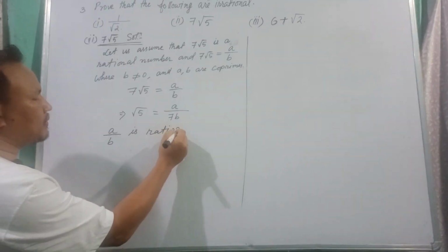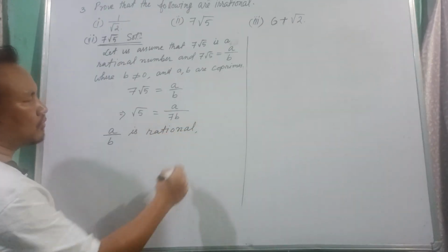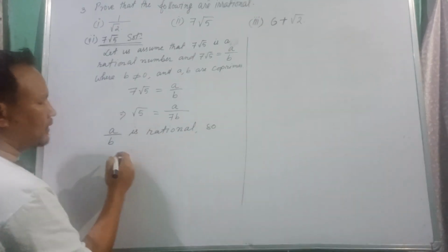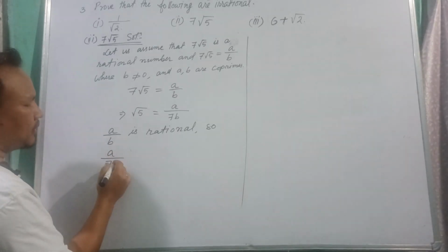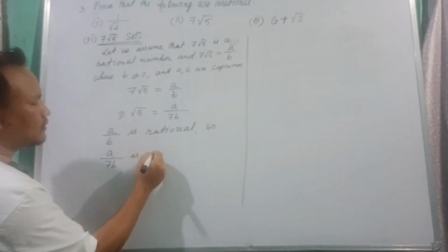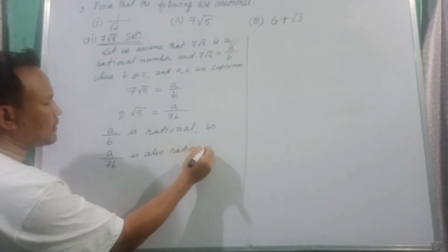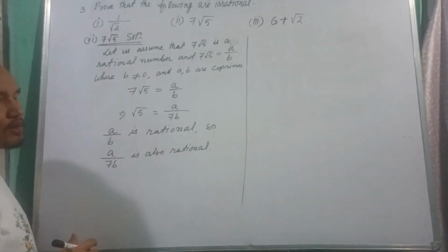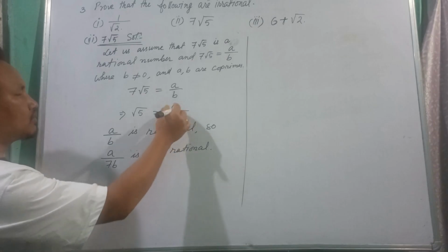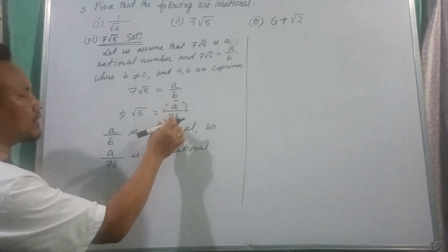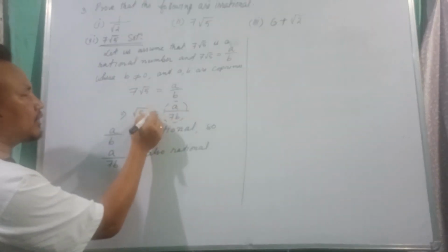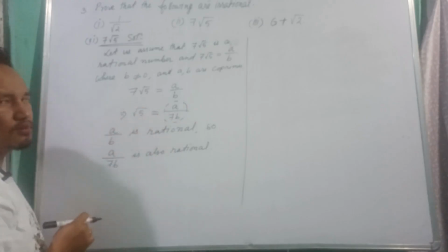So a by b is rational. So a by 7b is also rational, since a by b is rational. This entire part is rational, and we have an equal sign in the middle, and we have the left hand side.